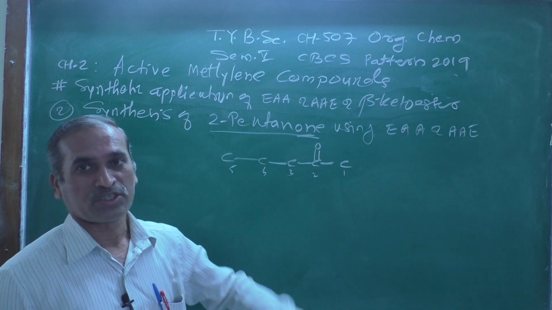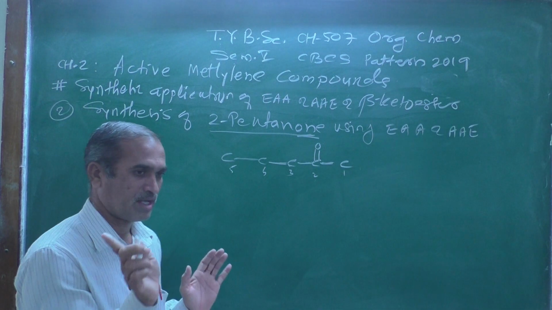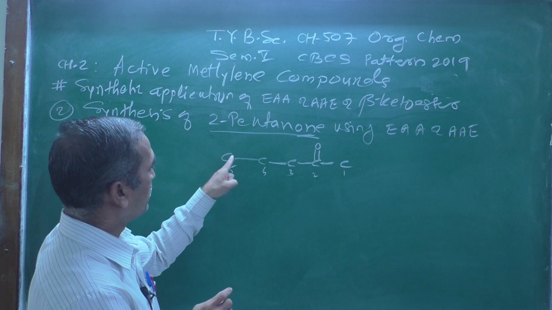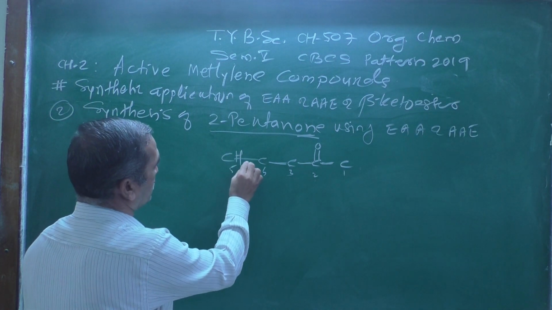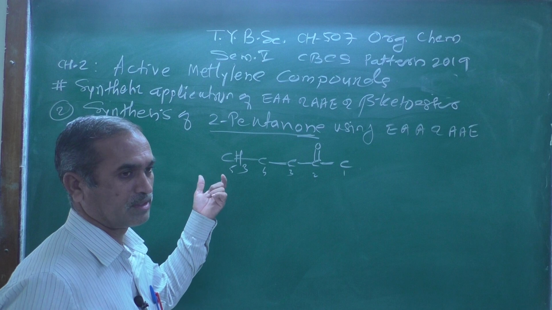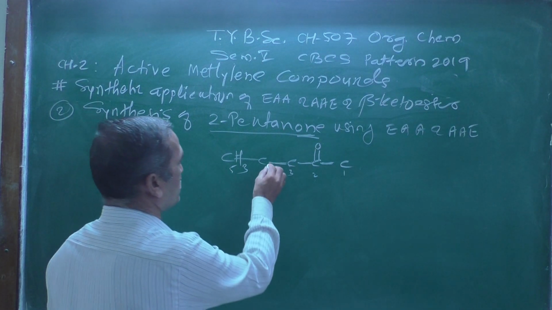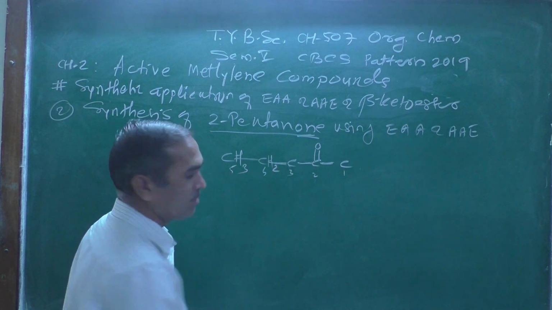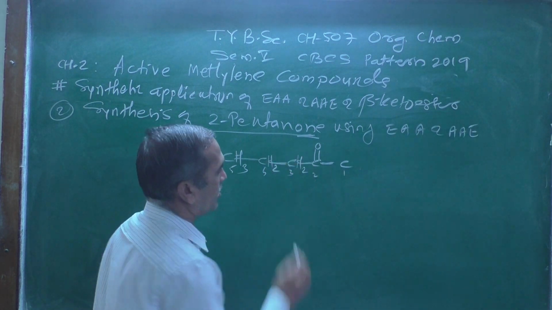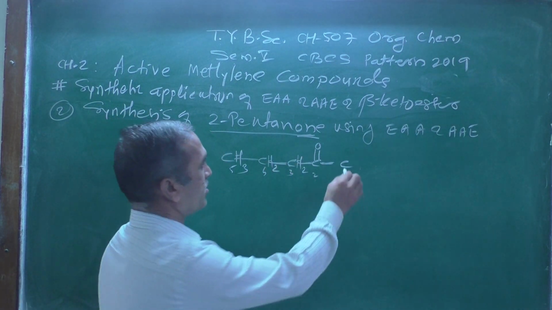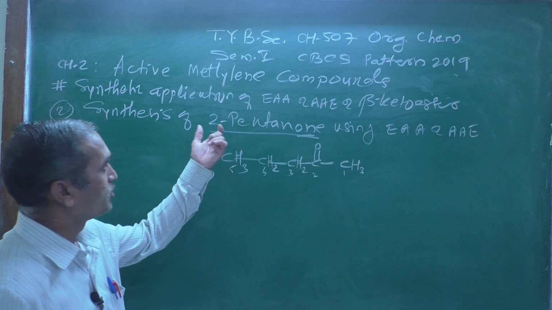The remaining, as I already told you, a terminal carbon should carry 3 hydrogen atoms, so CH3. The middle one can carry CH2, as 2 bonds are there so you can attach 2 hydrogen atoms, and here you can attach CH3. So this is the structure of 2-pentanone.